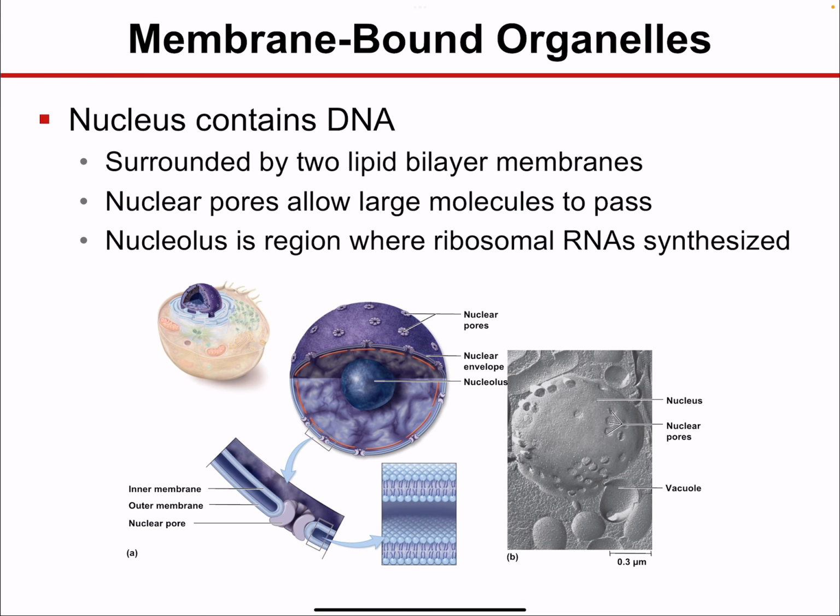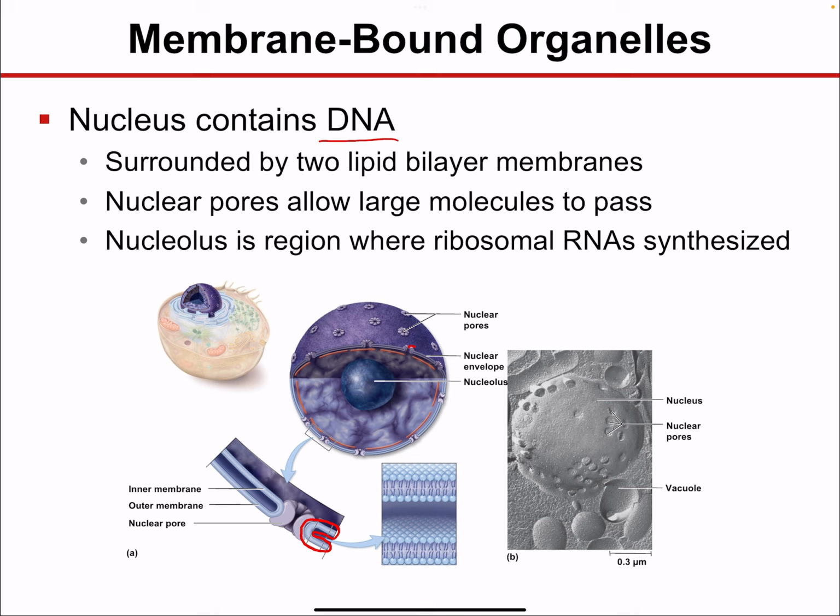Okay? The DNA, the nucleus. The nucleus is going to contain DNA. Okay? That nucleus is an envelope that has two membranes, right? It's a double membrane that is folded in such a way that you have it like this, right?